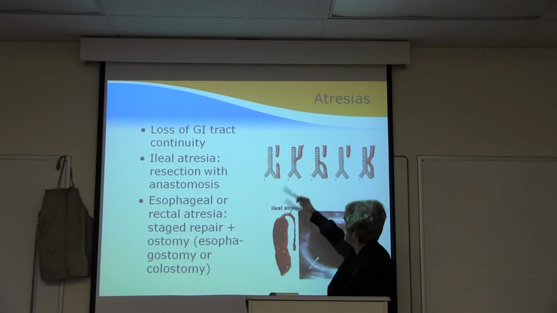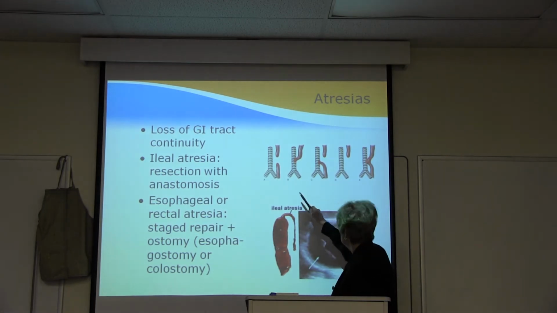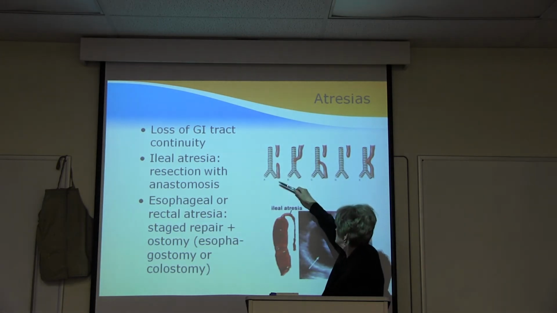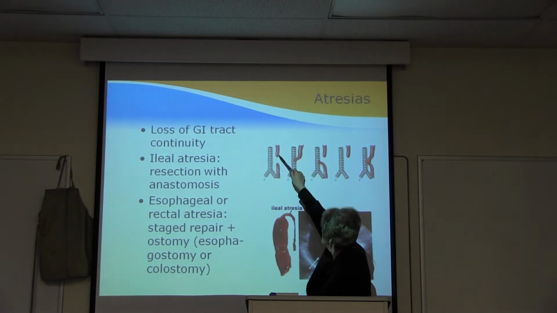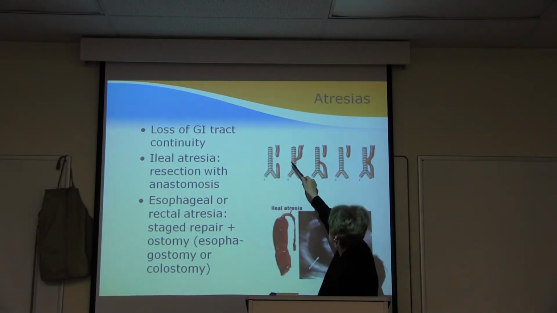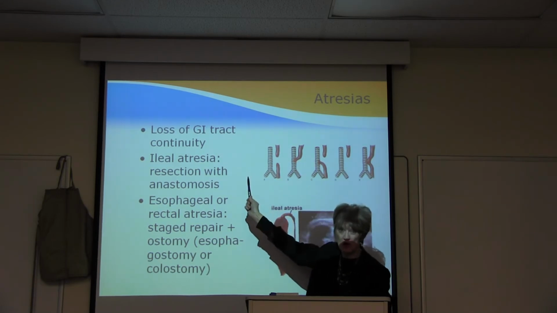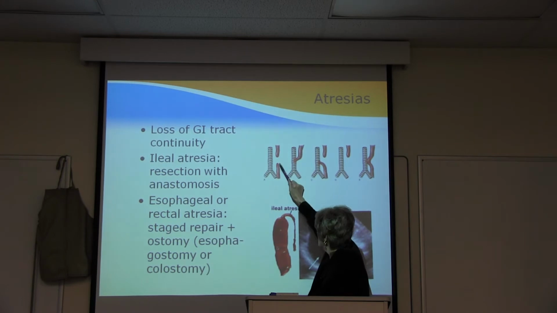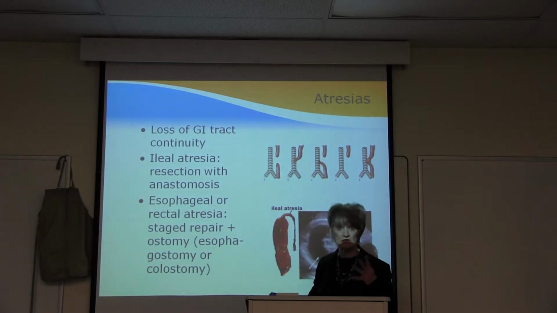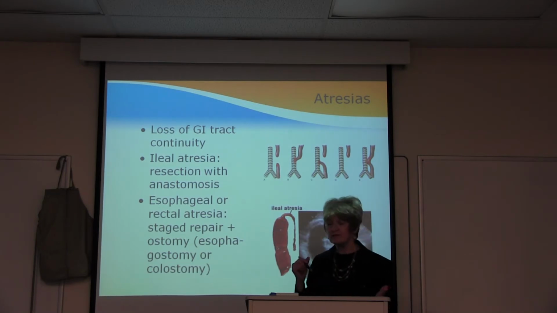On top, you see esophageal atresia and the different ways it can present. So in this case, you have esophageal atresia, but no connection to the trachea. So what would happen with this baby is this baby would be unable to swallow because there is loss of continuity between the proximal and distal esophagus. That would be a complex repair.